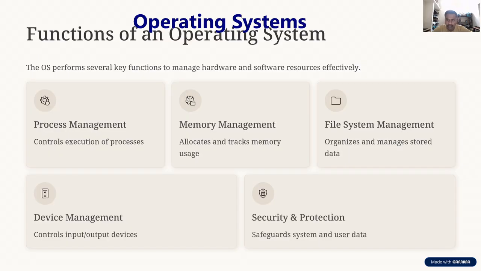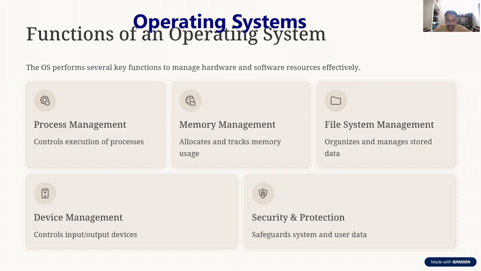The main functions of an operating system are process management, memory management, file management, and device management. First, process management: it controls the execution of programs. Second, memory management: it allocates and manages the RAM.